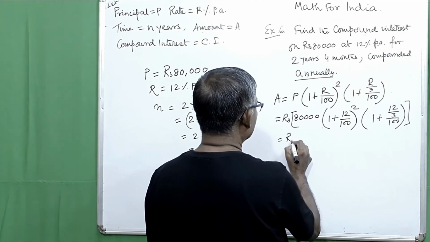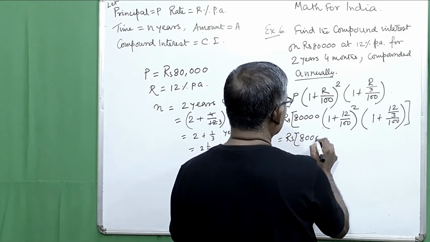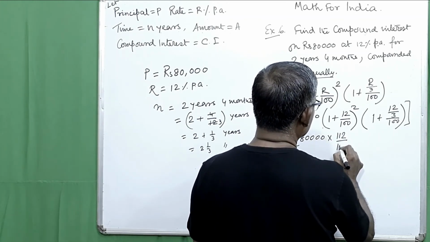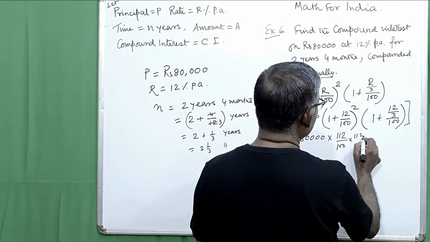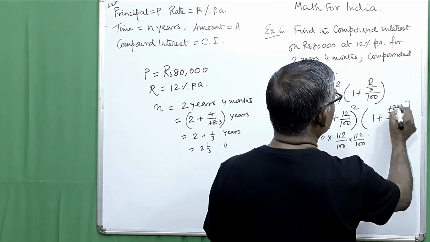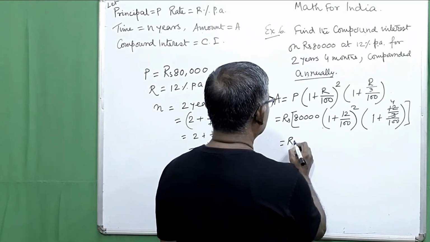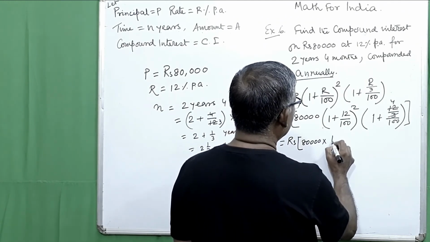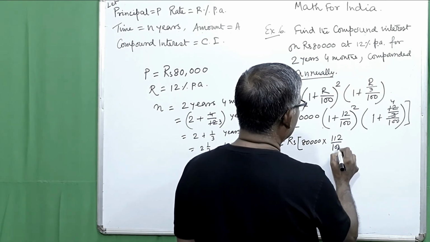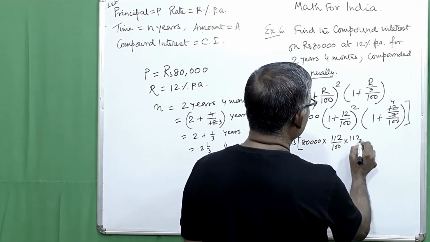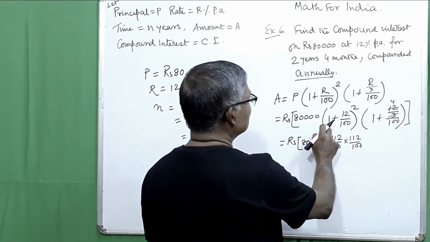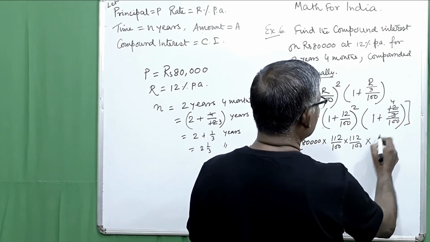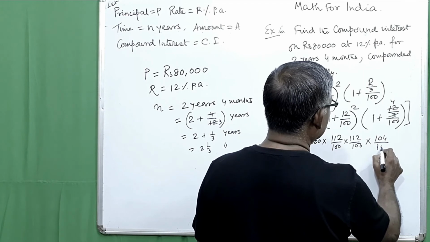So it is rupees 80,000 into 112 by 100 into 112 by 100, as it is whole to the power 2, into, it is 4, that is 104 by 100.